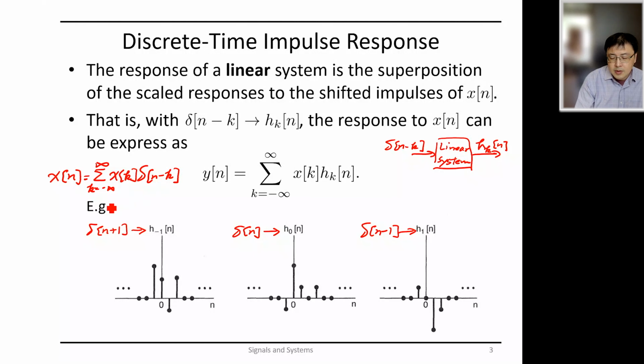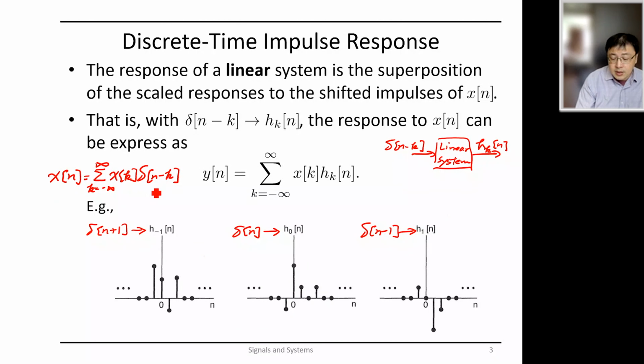So xn, any discrete time signal, can be viewed as a superposition of these unit impulses at different time instants, and the coefficients of this superposition are given by xk.